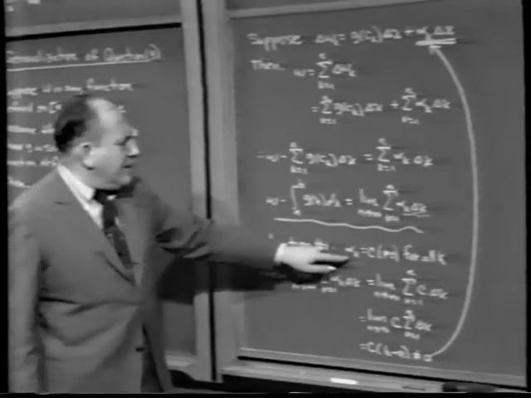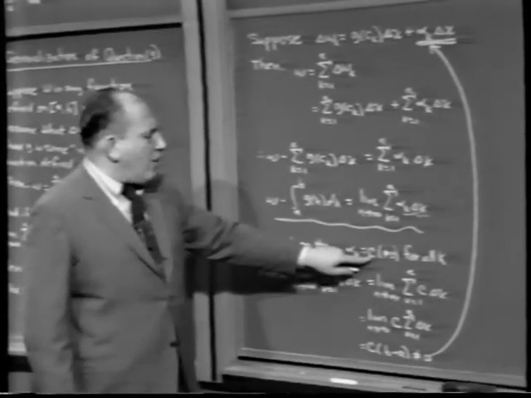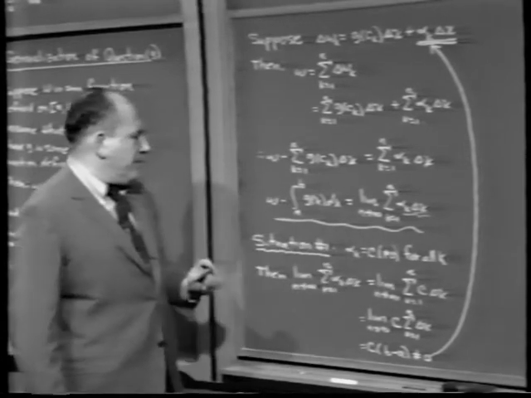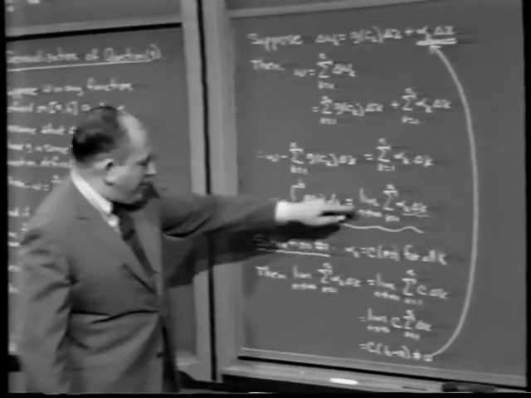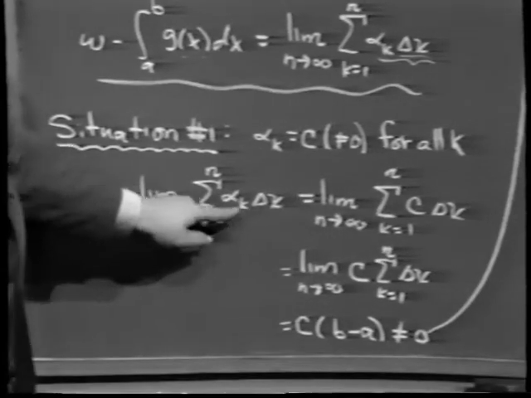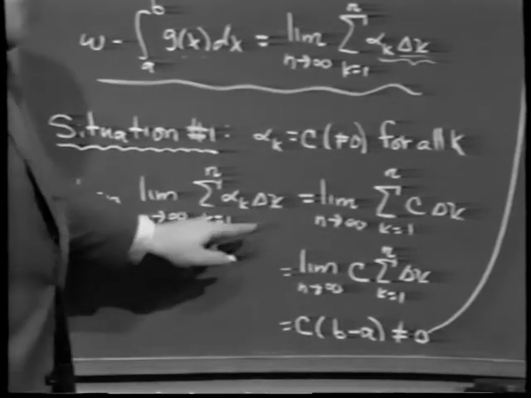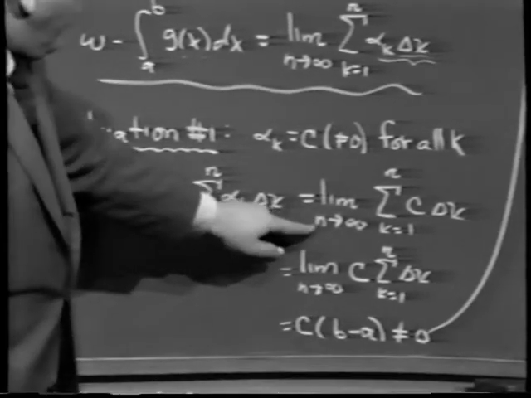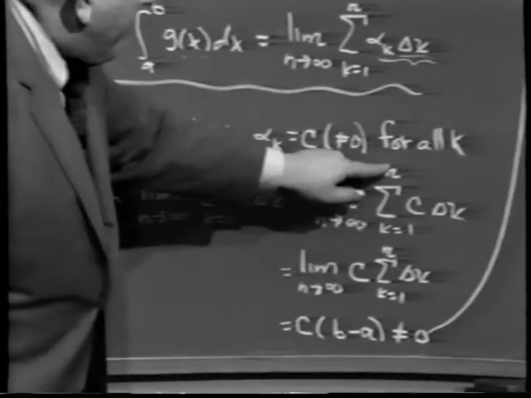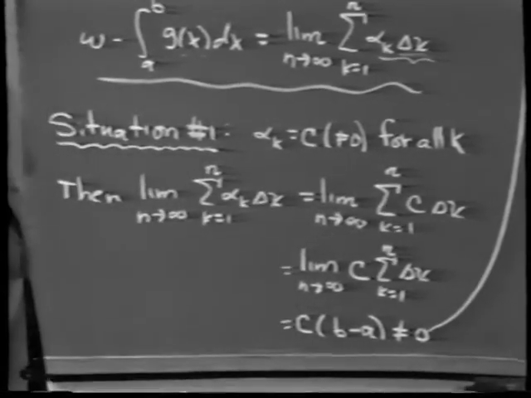For the sake of argument, let me suppose that alpha sub k happens to be some non-zero constant for all k. If I come back to this expression here, if alpha sub k is equal to a constant, I'll replace alpha sub k by that constant, which is c. I now have that the limit that I'm looking for is the sum k goes from 1 to n, c times delta x, taking the limit as n goes to infinity.